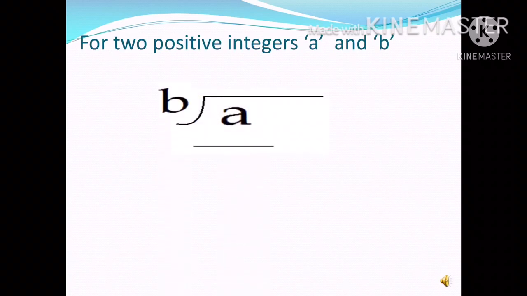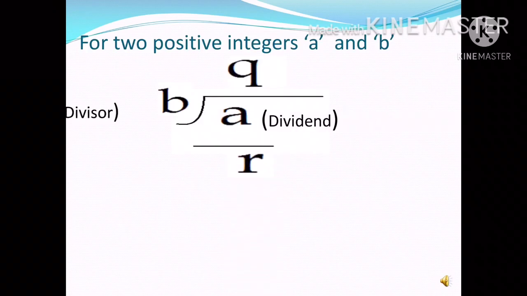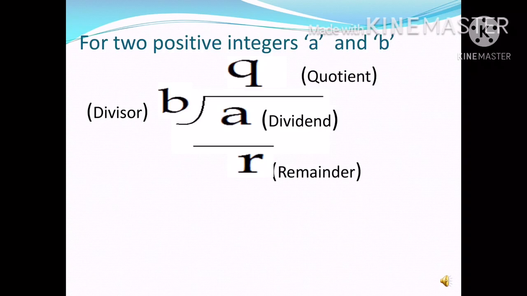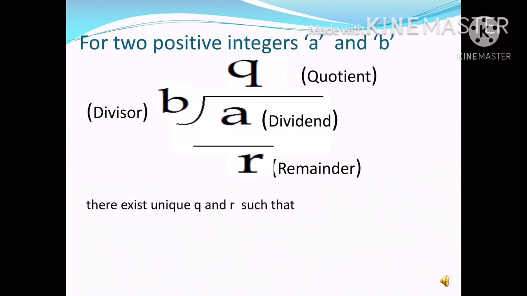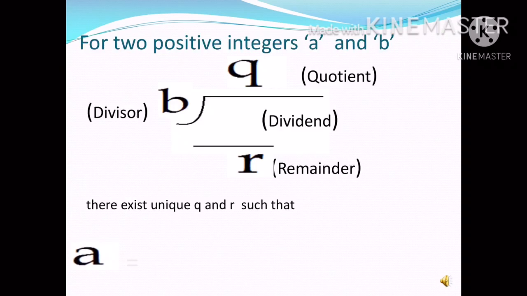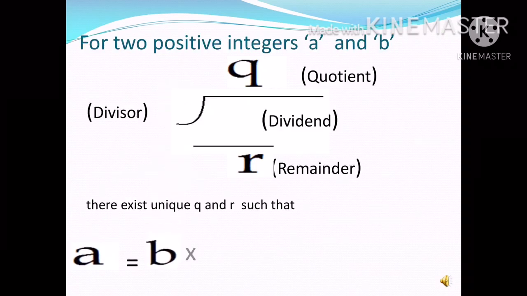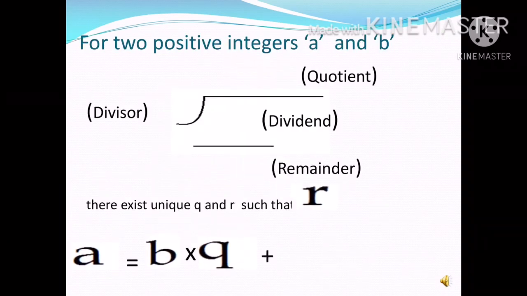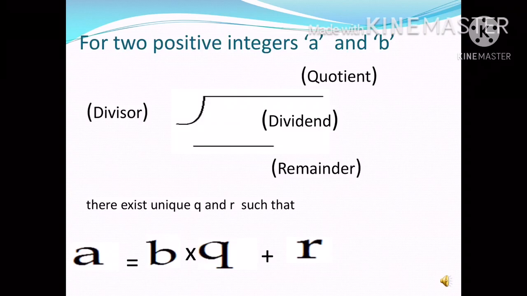Now in general, if in place of 23 and 4 we have any two positive integers, say a and b, on dividing a by b, if we obtain the quotient q and remainder r, then we can express the dividend a as: a is equal to the divisor b into the quotient q plus remainder r. It is a well-known result.